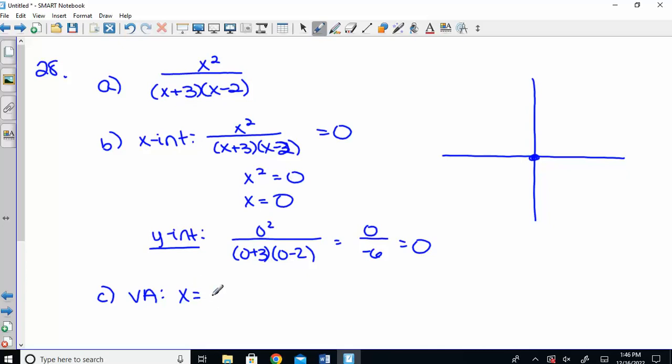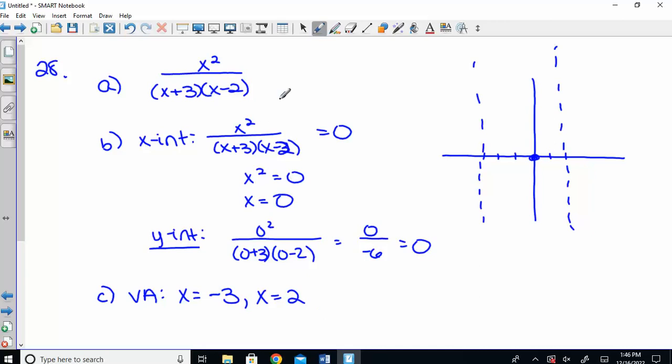So what makes x plus 3 equal 0? And what makes x minus 2 equal 0? Okay, how do we draw asymptotes? Dashed lines. So I expect these exactly on your graph. You go to -3, we have one, and at +2.